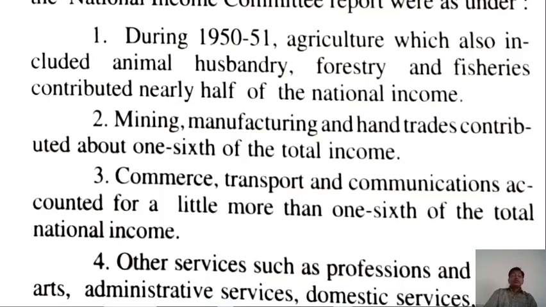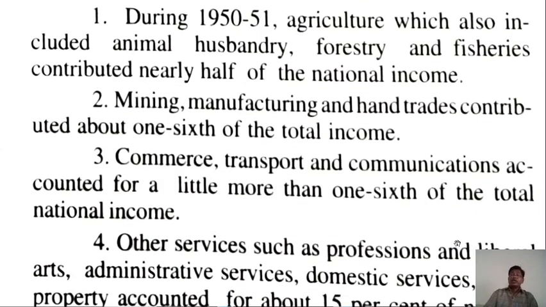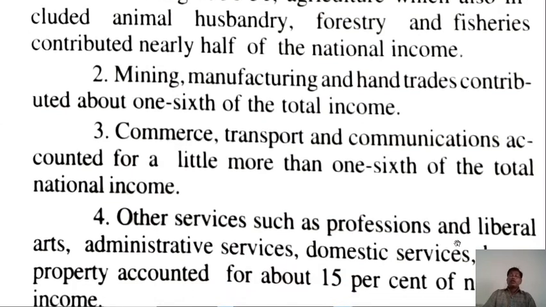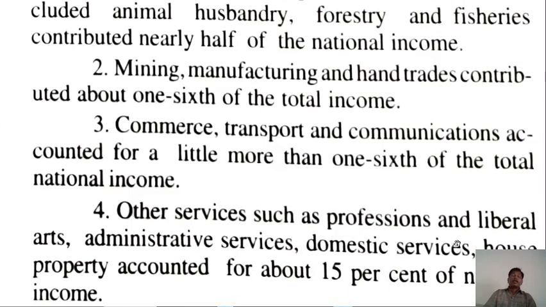Second, mining, manufacturing, and hand trades contributed about one-sixth of the total income. Third, commerce, transport, and communication accounted for a little more than one-sixth of the total national income.